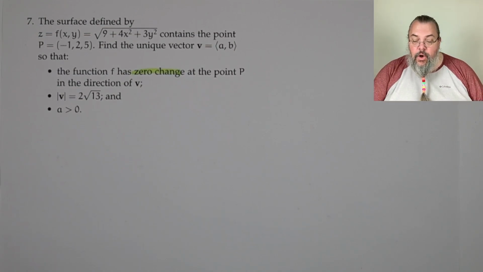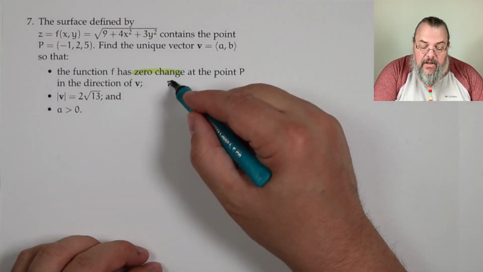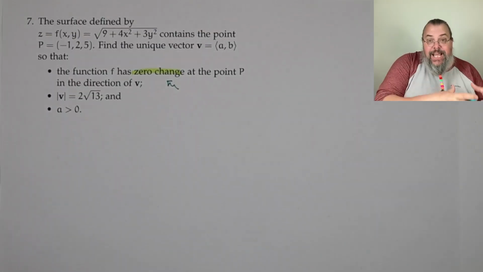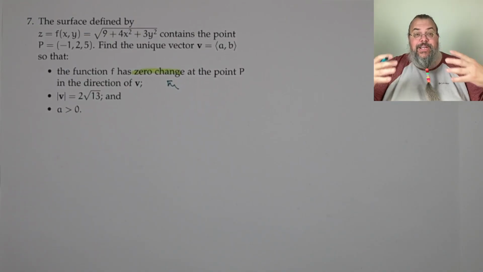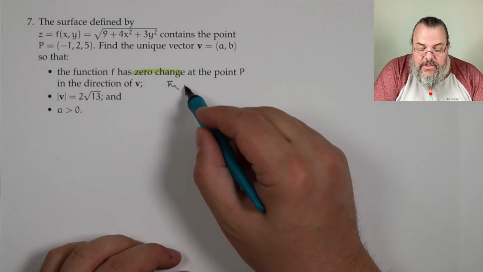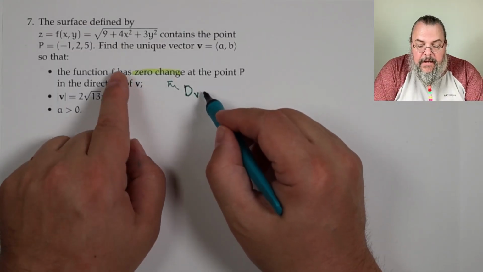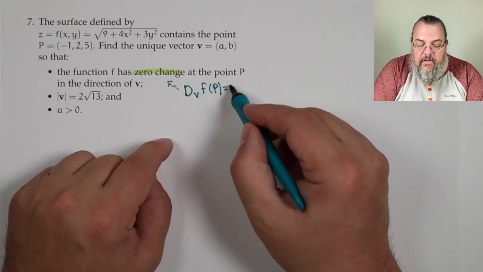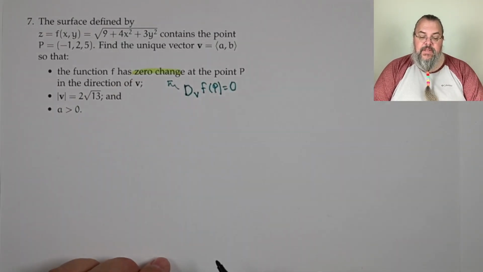And so we're like, oh, this part right here is telling us that the directional derivative is 0. So change is like the word rate. It's a clue. Think derivative. So we have that the directional derivative in the direction of v of the function f at the point P is 0.